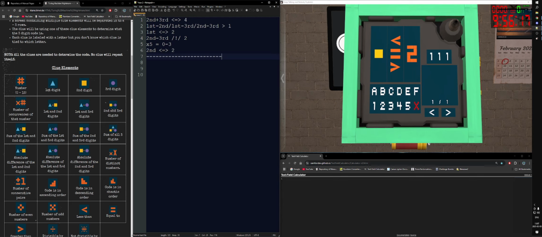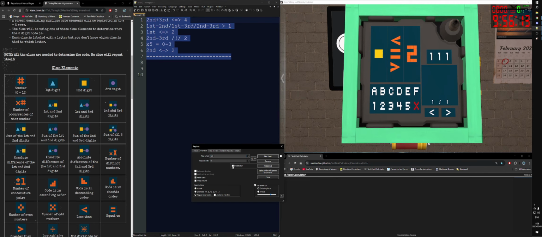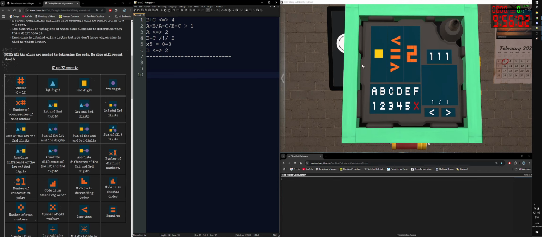So I'll keep this here, and I'll actually replace every instance of first with A, second with B, and third with C, just to make it easier to understand. So the 3 digits here will just be A, B, and C. So let's just start off by querying a number. 111 querying to alpha.